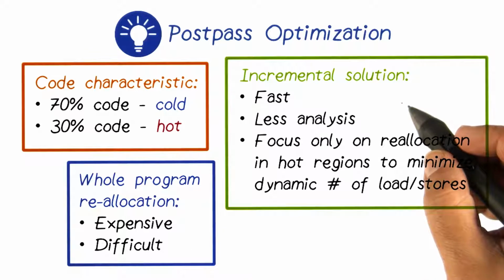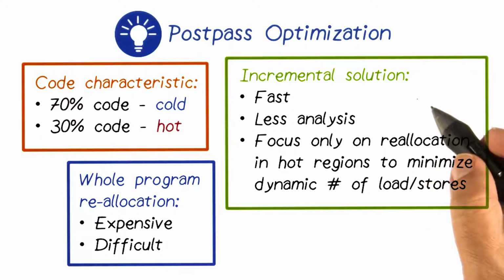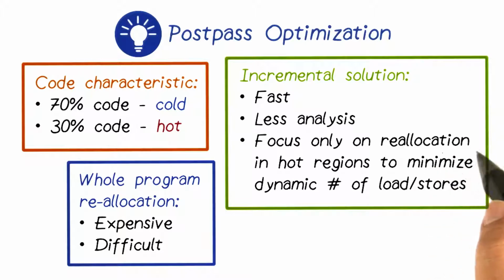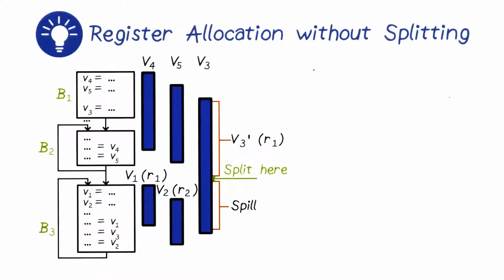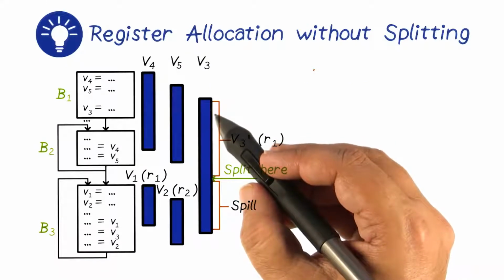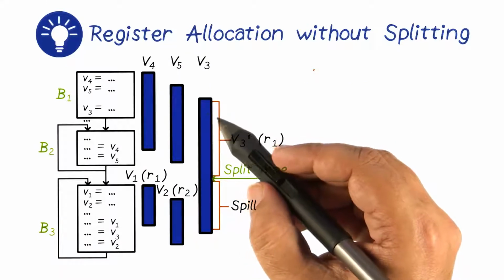The solution that we are going to see here is a fast solution. The reason being that this solution could be just in time before the program is loaded and executed. So that's why compilation time is important here. We are going to do very simple analysis and focus only on reallocation in hot regions to minimize the dynamic number of load stores.